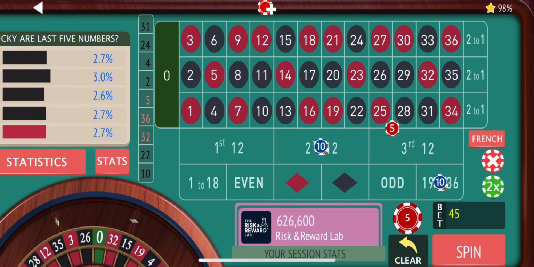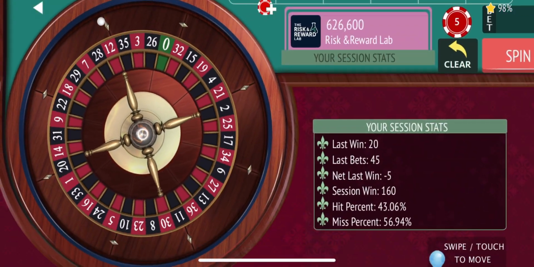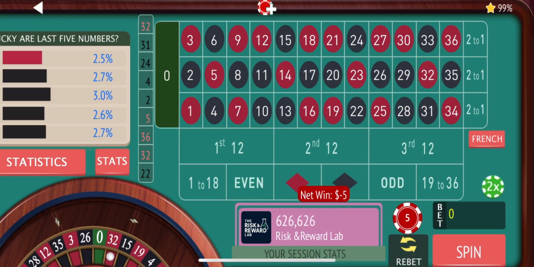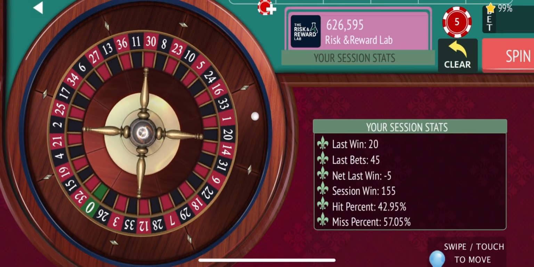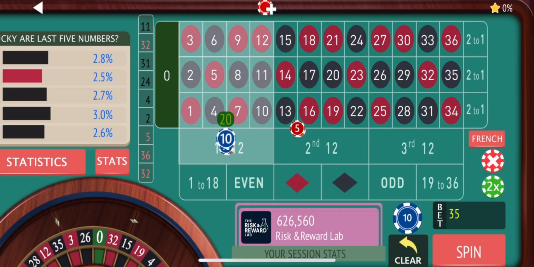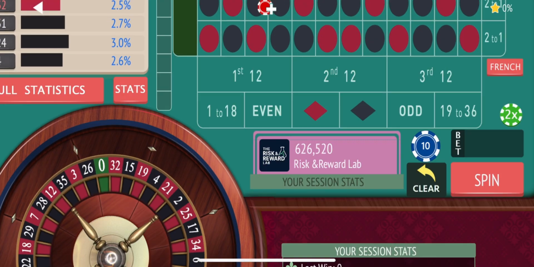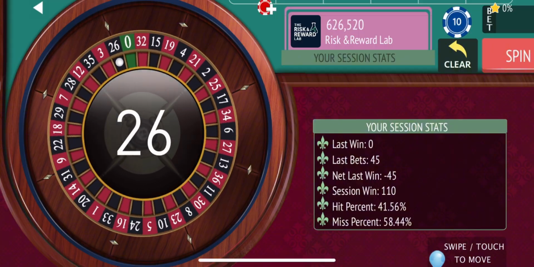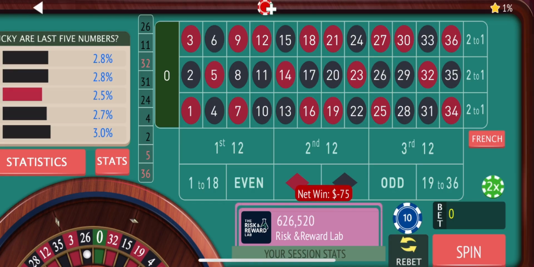Fortunately, a couple break-even bets here prevent the bets from escalating too high too early. Another loss. That's our third major loss of the streak here.